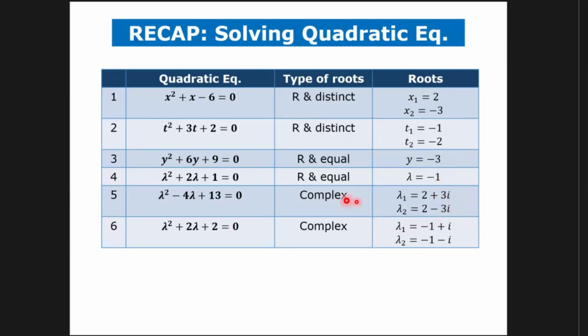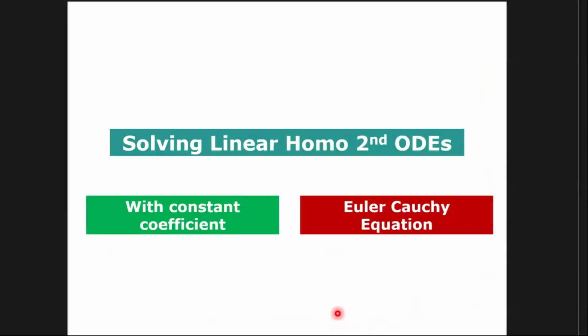Please remember how to determine the types of roots because it's important for the next step. For second order ODE that is linear and homogeneous, there are various types. So we are only covering second order ODE with constant coefficient and second order ODE for Euler-Cauchy equation.